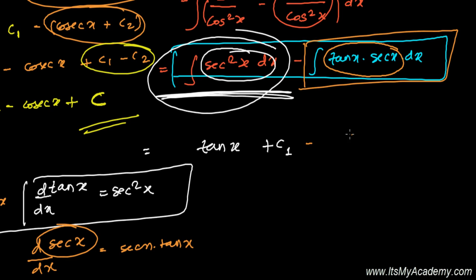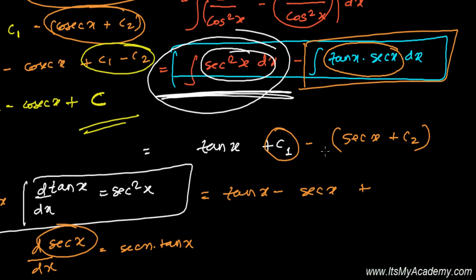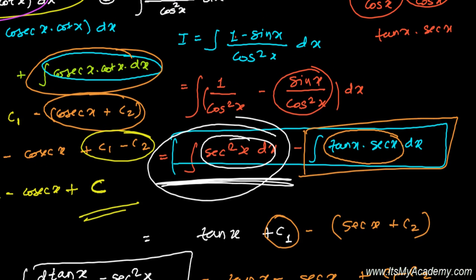So the result will simply be sec x plus a constant, constant 1, constant 2. Now I'm rearranging it properly: tan x minus sec x plus c, this is c1 minus c2. One more step, no problem at all, you're not in a hurry because you're in learning mode. A constant minus a constant is always a constant, so I'm writing another big constant, big C. That's the way to do the integration.